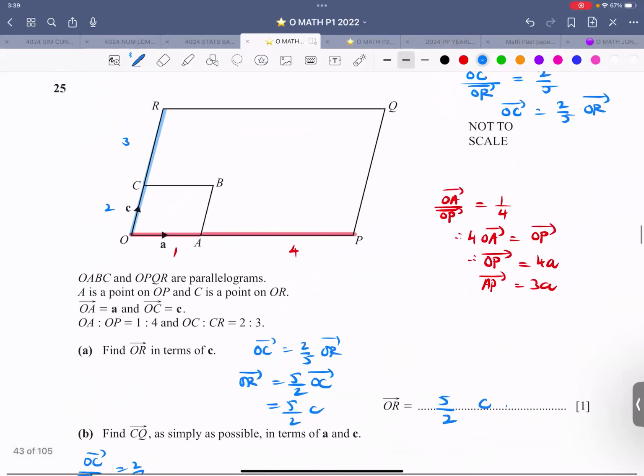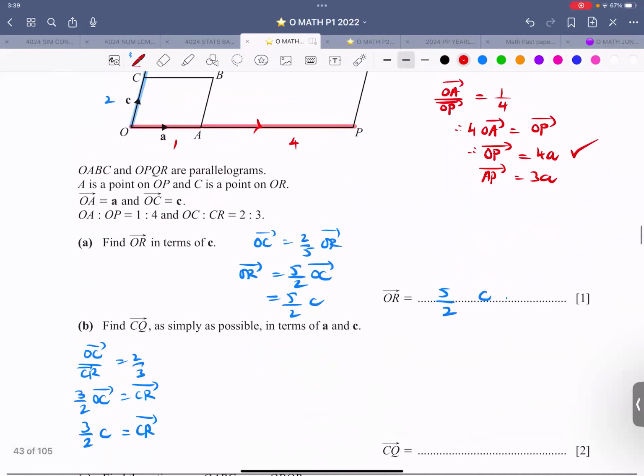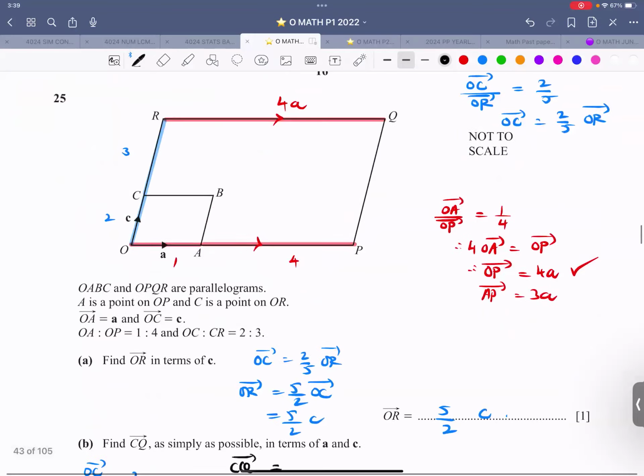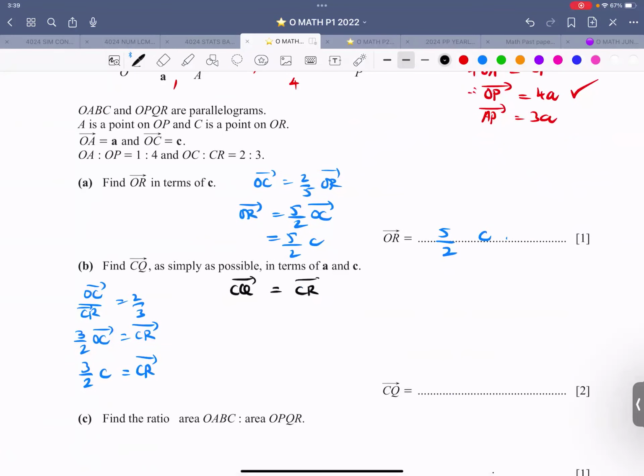Then RQ is the same thing as OP. RQ, because it's a parallelogram, it's the same thing as OP. OP is 4A. So therefore, CQ is CR plus RQ.